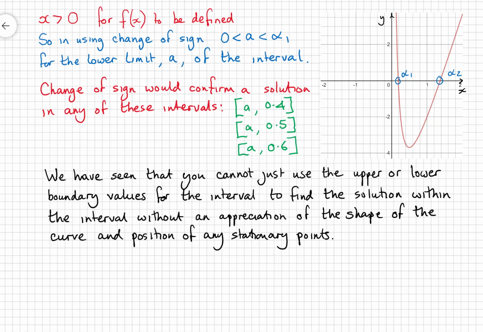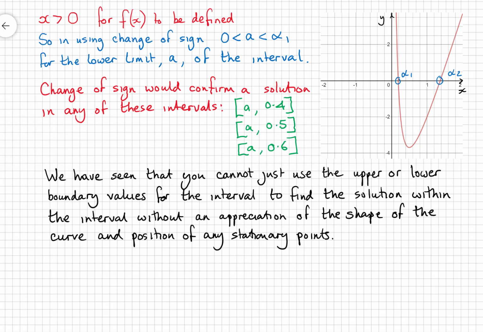And it's really important to realize that although we know that there is a solution that exists within those 3 intervals, we can't simply use the boundary values as starting values for Newton-Raphson without a real appreciation of the shape of the curve and the position of any stationary points.